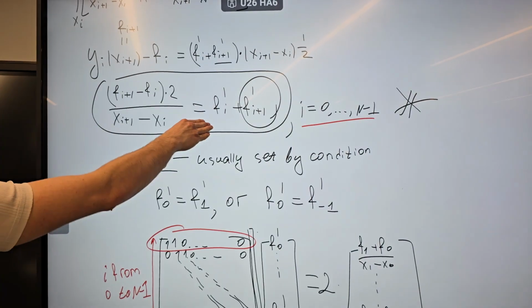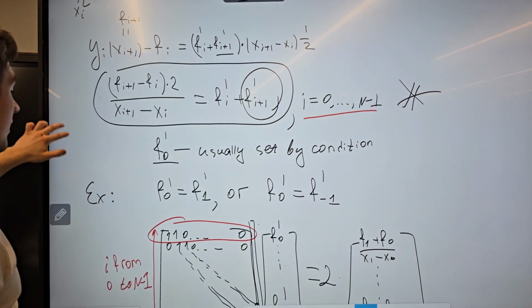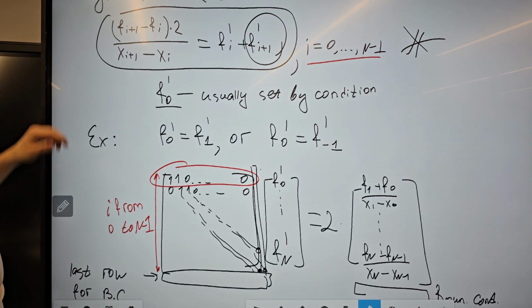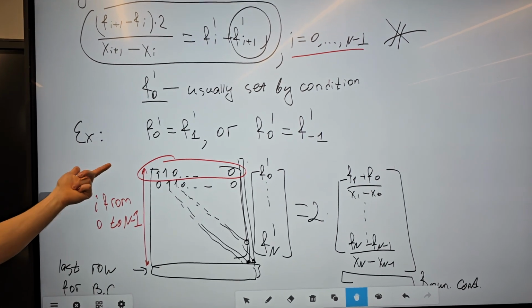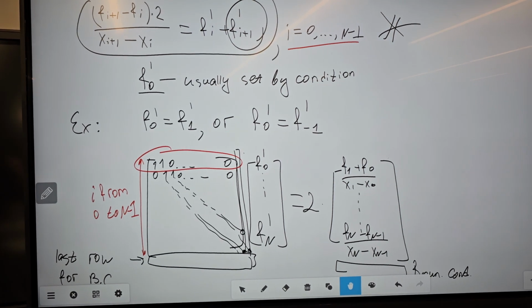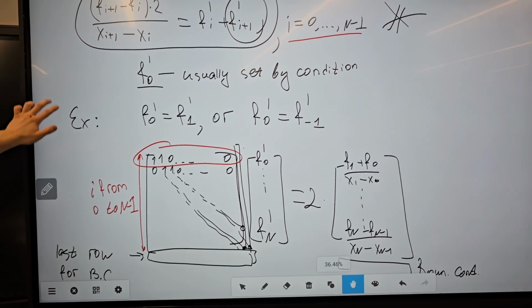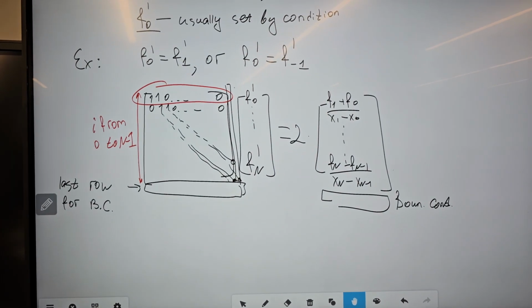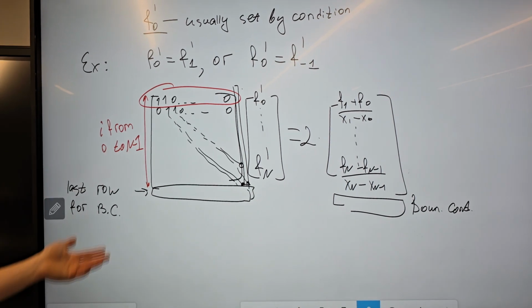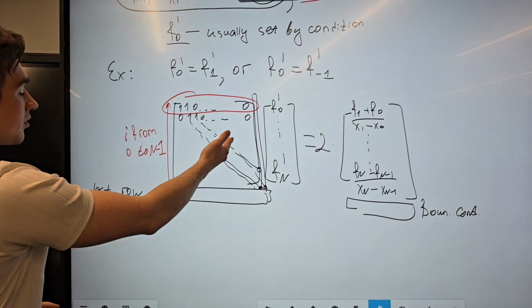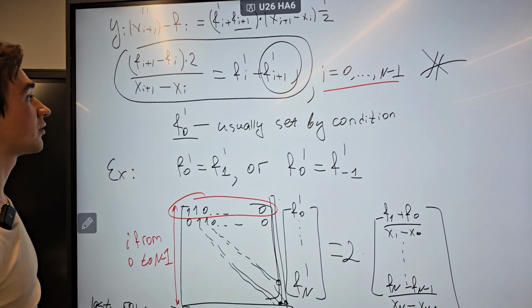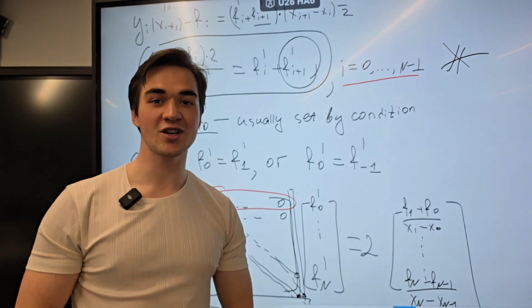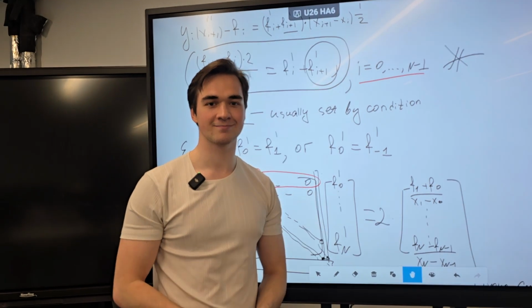And we use the derivatives as a parameter of our problem, and what we are left with is we need to set some condition on our first derivative, and then we can solve it numerically or by hand, just by solving this matrix or by solving exactly this relation. Thank you very much. See you later.